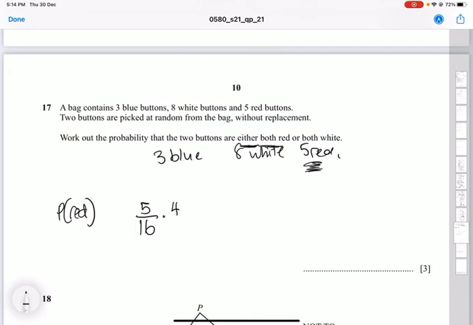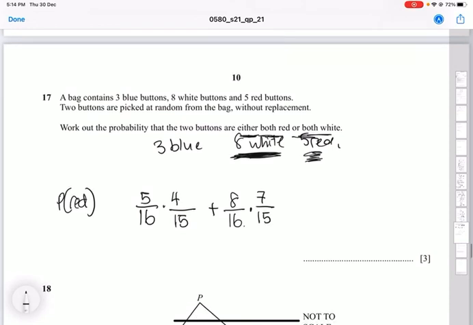So that's 4 red buttons left over 15 total buttons. Okay? And then both white, so you need to add the other part. There are 8 white buttons out of 16 buttons. So let's say you drew a white button, and the second one needs to be white again. So that's 7 remaining over 15.